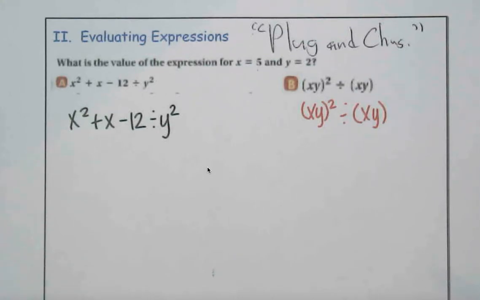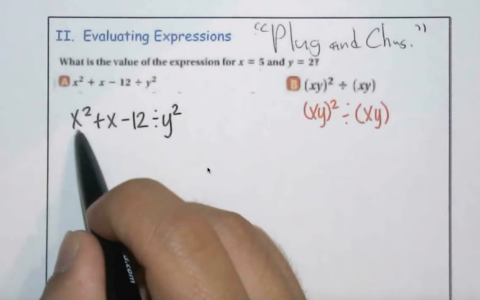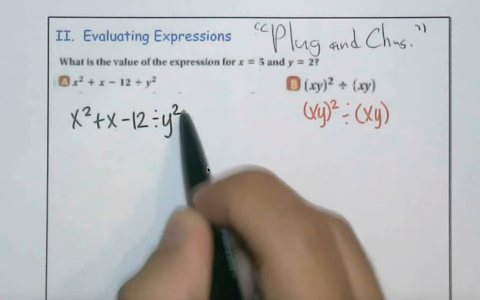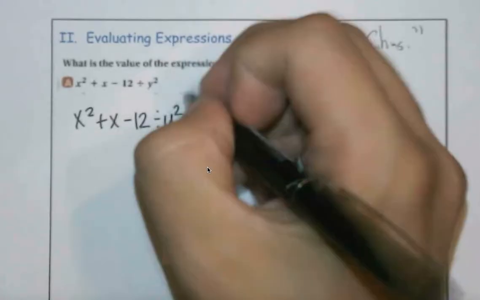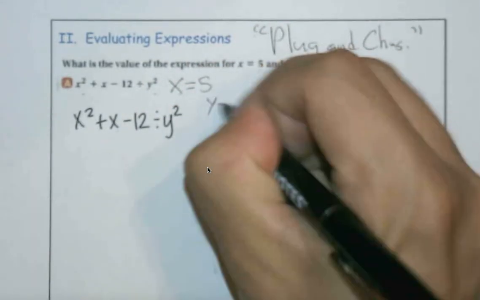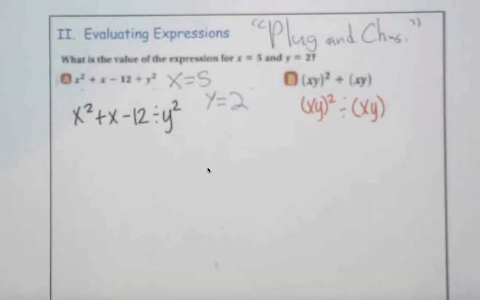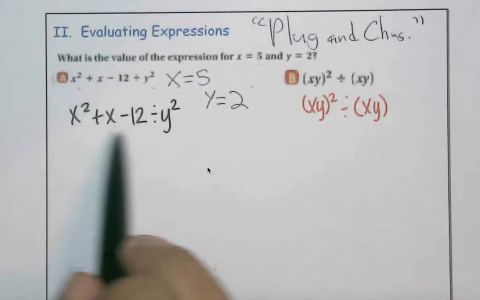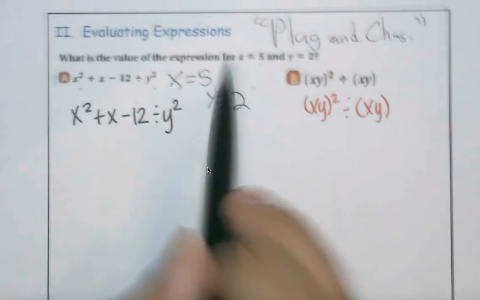So in this case, we have, reading from left to right, x squared plus x minus 12 divided by y squared. This is saying that x equals 5 and y equals 2. Luckily, this expression is kind of spread apart, so I'll just plug in where x is 5 first.